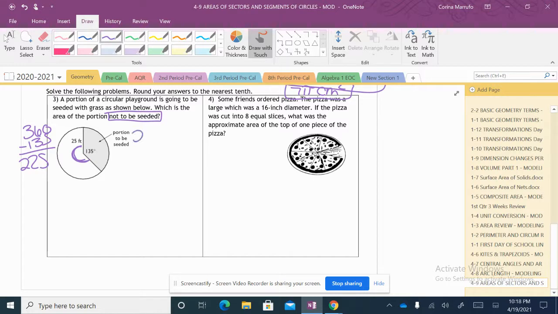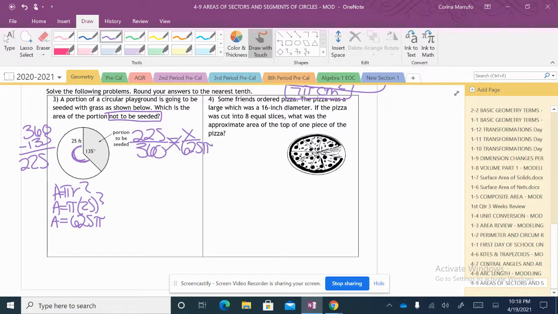We set up our proportion: 225 out of a total of 360 equals x over the area of my circle. Area equals pi r squared. In this case, my radius is 25, so 25 squared gives me 625 pi. That's what goes down here.